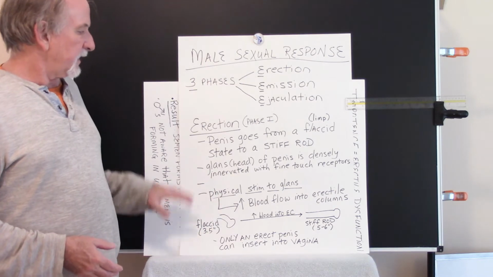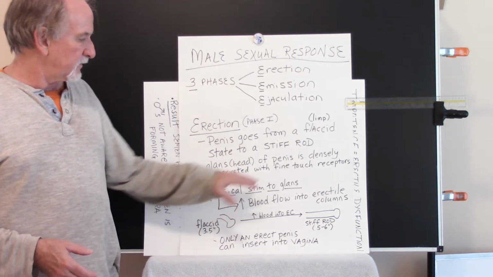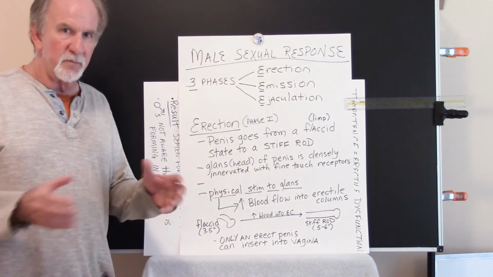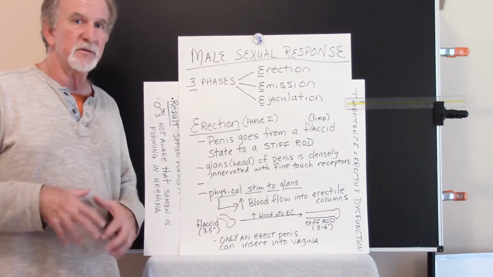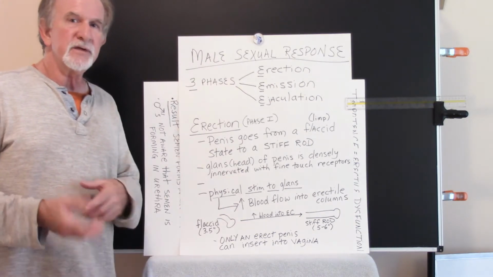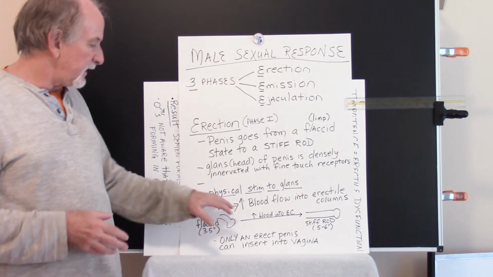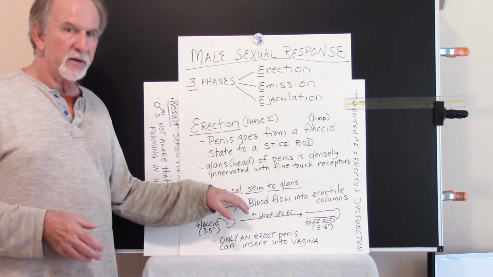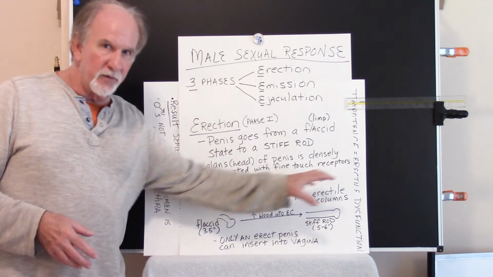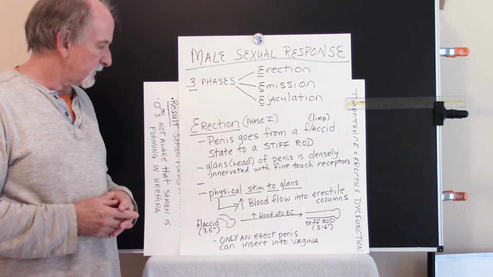Physical stimulation to the glans, or head of the penis, where these fine touch receptors are found, triggers a reflex that results in an increase in the flow of blood into the erectile columns.